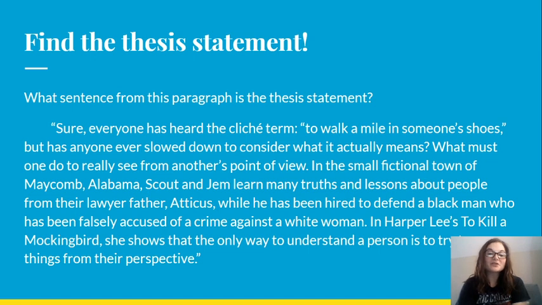In the small fictional town of Macomb, Alabama, Scout and Jem learn many truths and lessons about people from their lawyer father, Atticus, while he has been hired to defend a black man who has been falsely accused of a crime against a white woman. In Harper Lee's To Kill a Mockingbird, she shows that the only way to understand a person is to try to see things from their perspective.